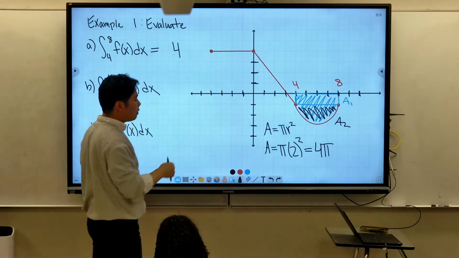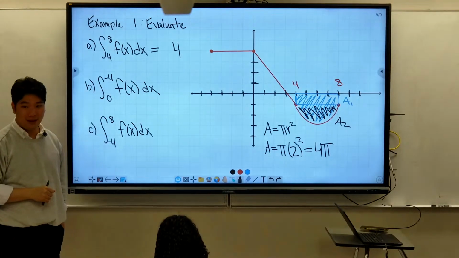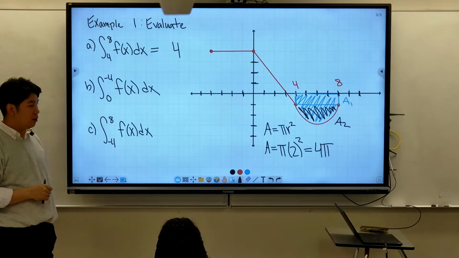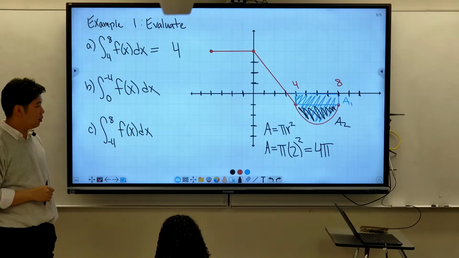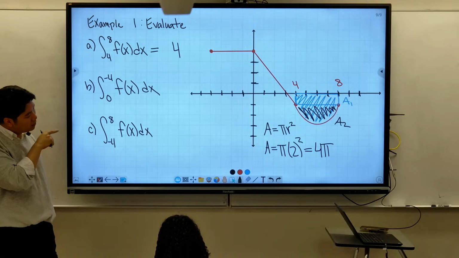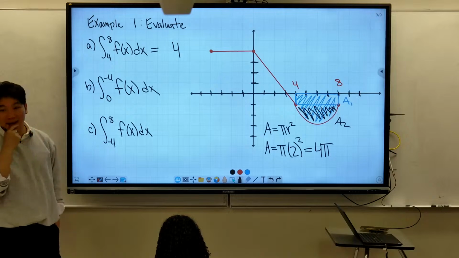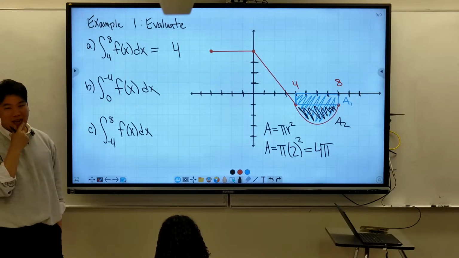What does that mean? What's the area A2 then? 4 pi? Is 4 pi the area of a half circle? Oh, so 2 pi.